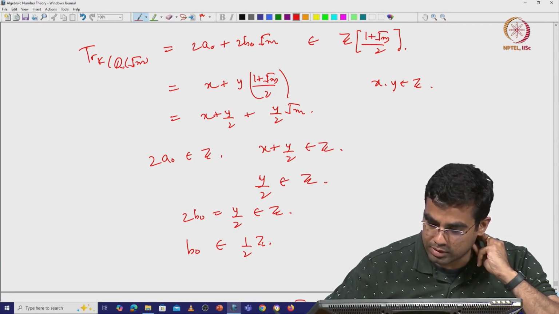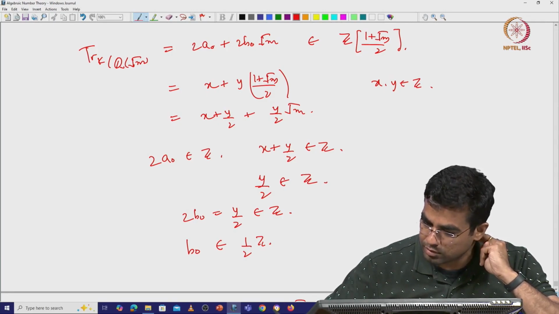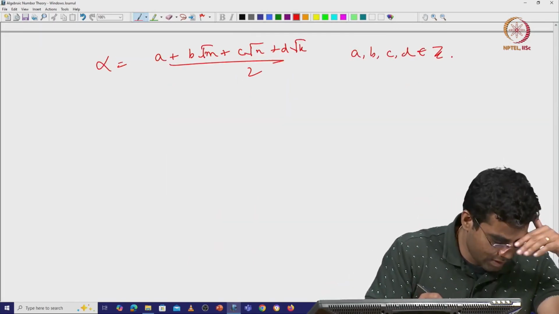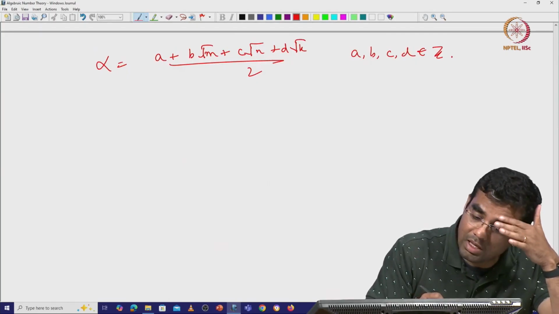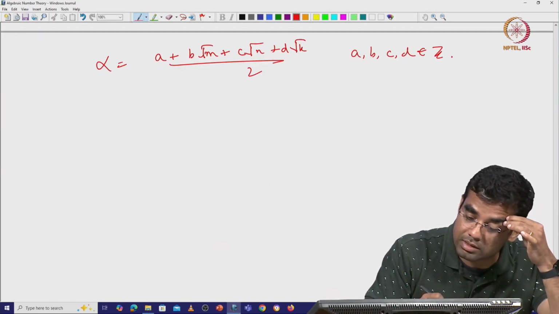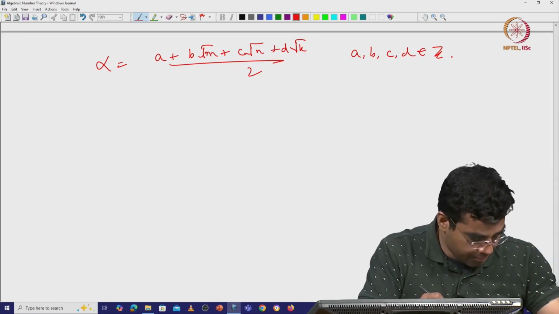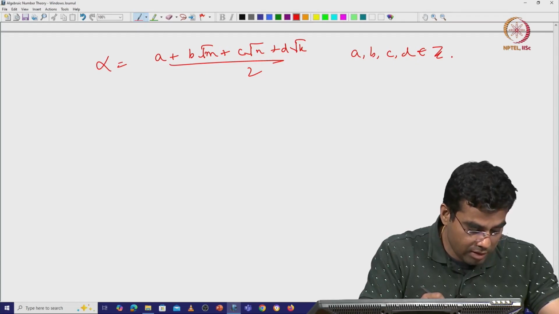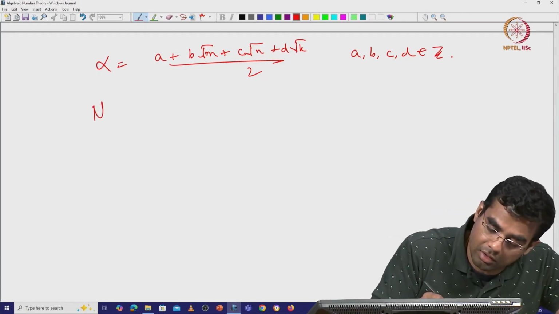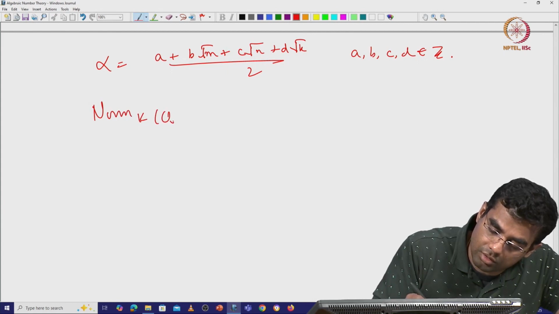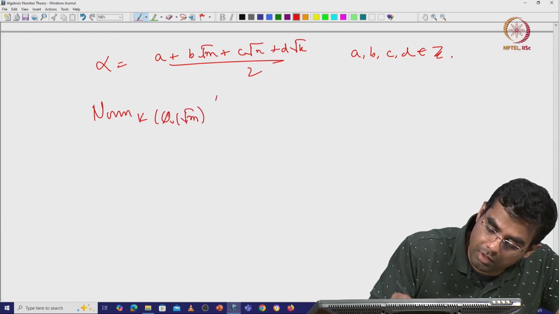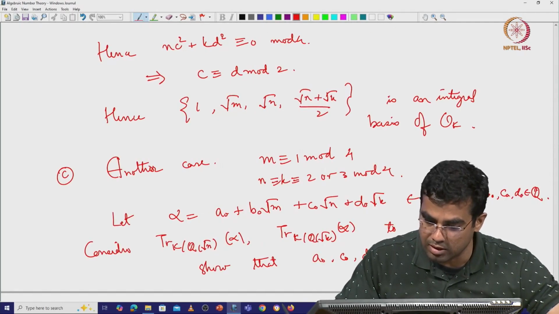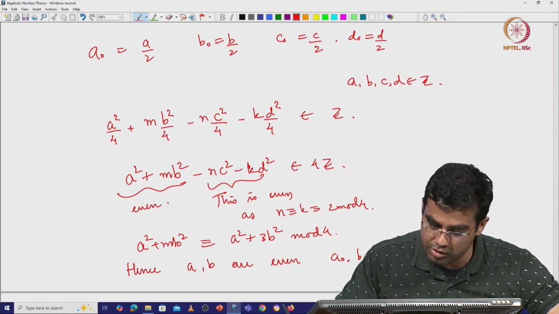Okay, so y is even here. Okay. Next we want to conclude that a and b have same parity and c and d have same parity, and the way we kind of did this was looking at the norm from K to Q square root of m of alpha. So, we computed this in the previous case, and the norm isn't going to change.